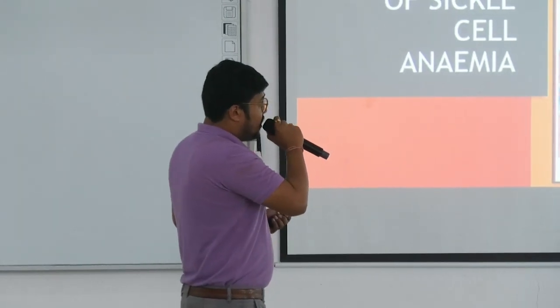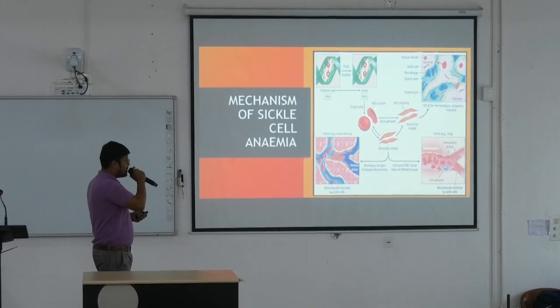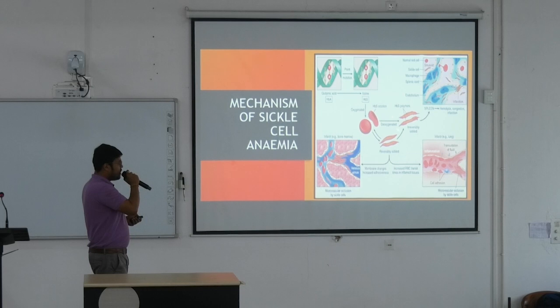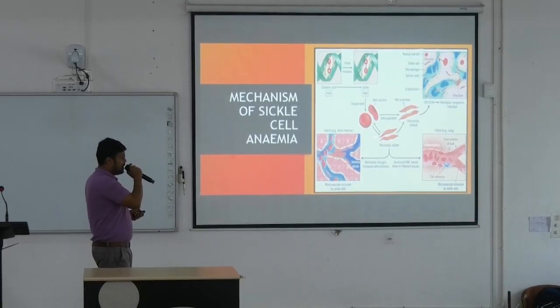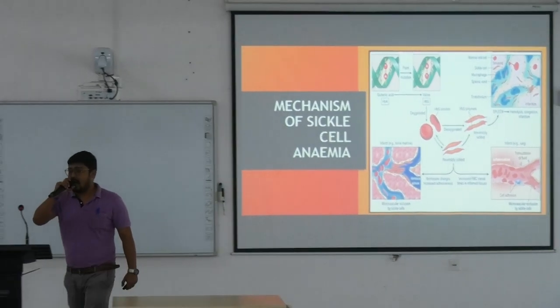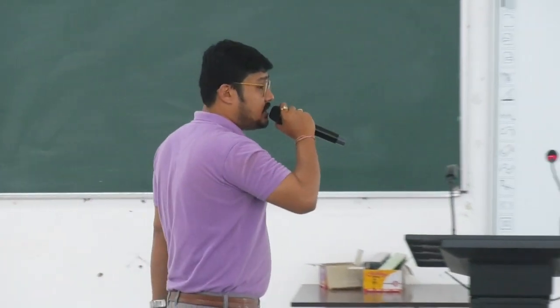But in case of presence of defective hemoglobin, hemoglobin S, the RBC first forms a sickled shape. So there is distortion of the membrane, and the RBC from biconcave disc shape attains a shape of a sickle.